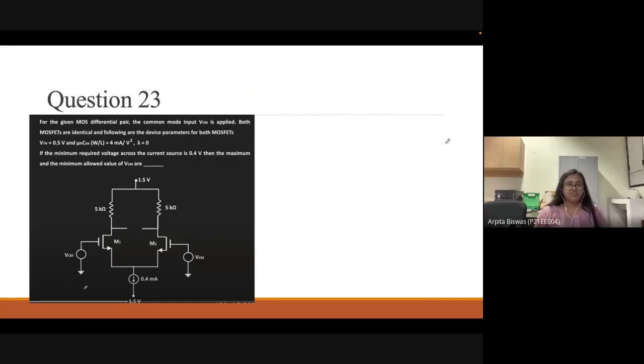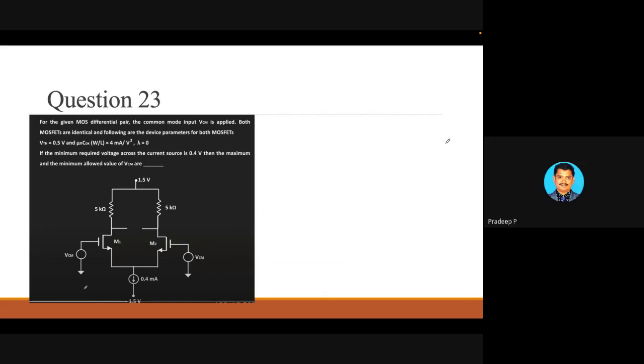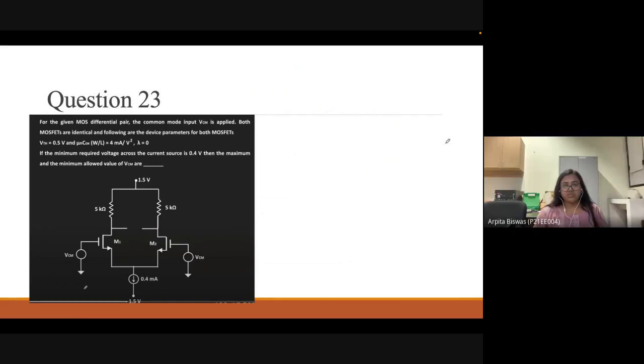Question 23: for the given MOS differential pair, the common mode input VCM is applied. Both MOSFETs are identical, and the following are the device parameters for both MOSFETs. VTH is given 0.5 volt, and mu n Cox W by L is equal to 4 milliamps per volt square. Lambda is also given, which is 0.